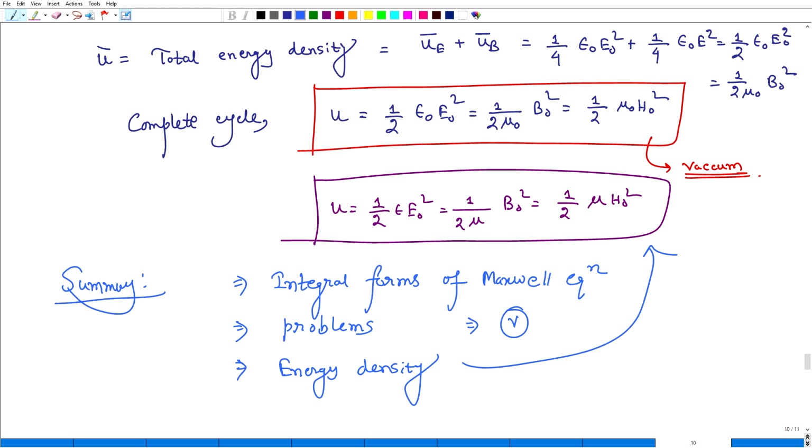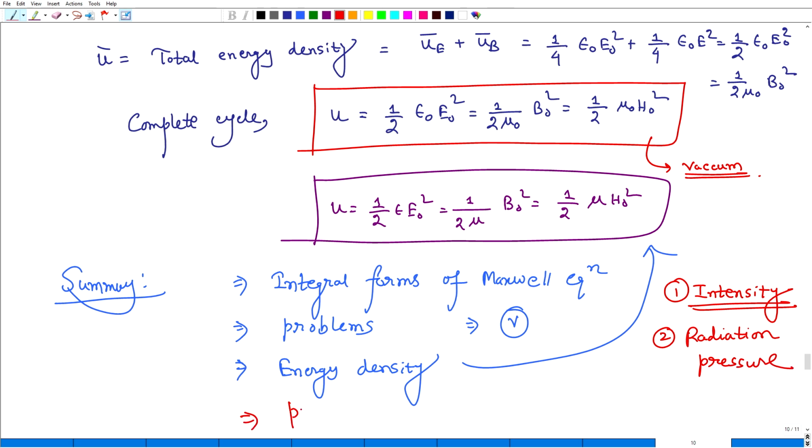In the next class we will first discuss the intensity, the form of the intensity of an electromagnetic wave, and then we will discuss the radiation pressure. Also we discussed today the Poynting vector, right?